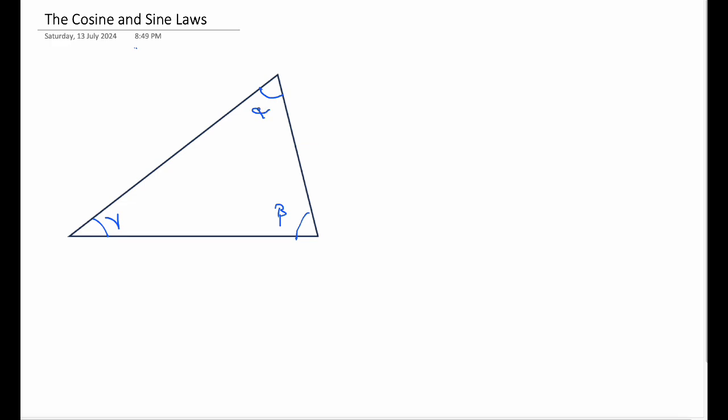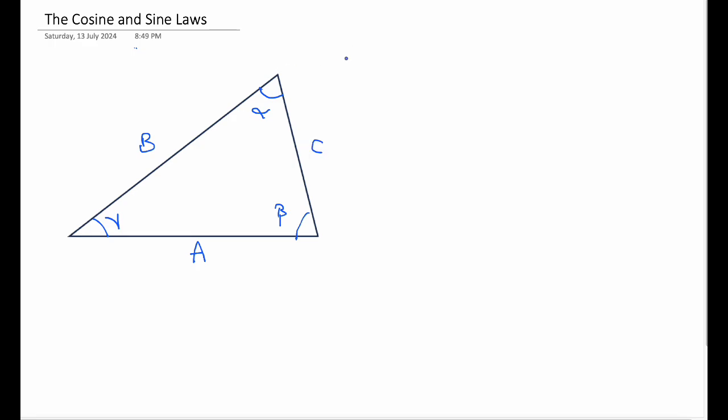And also, a triangle is defined by the three sides, the length of the three sides. So let's call the side opposite to the angle alpha side A, and the side opposite to the angle beta, let's call it side B, and the side opposite to angle gamma is side C.